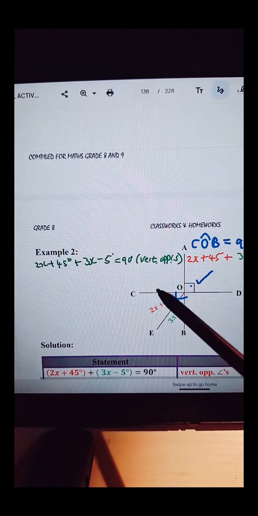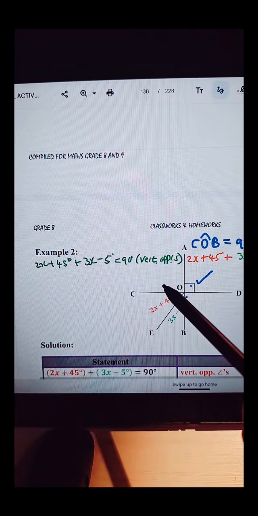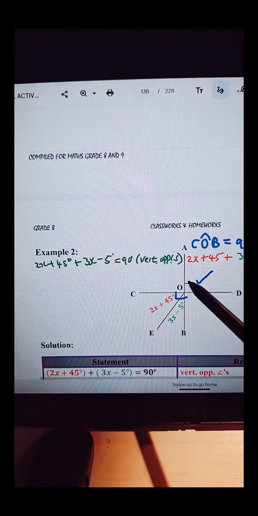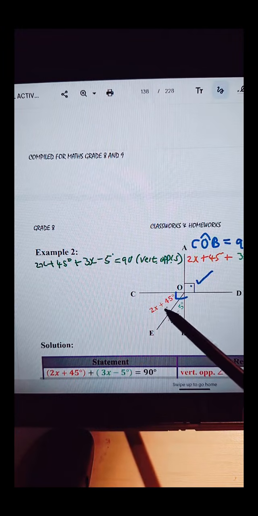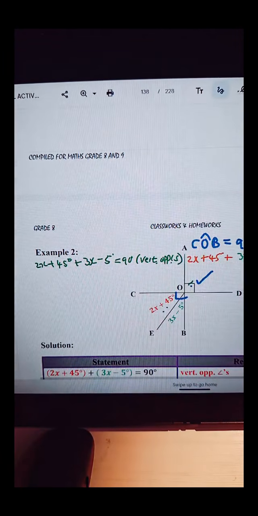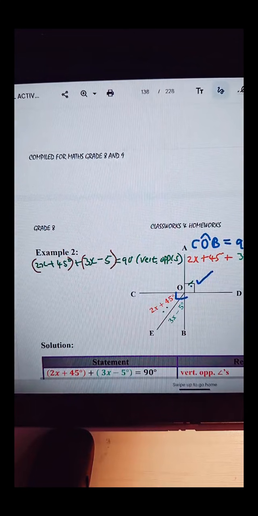Because they are looking at this entire angle, everything together, and they can see that this entire angle is equal to that 90 degrees because these are vertically opposite angles. Then they go ahead and solve this question. Now remember, guys, that 2x plus 45 and 3x minus 45 degrees are all angles that we put in brackets. Yes, comp angles are angles that add up to 90 degrees.